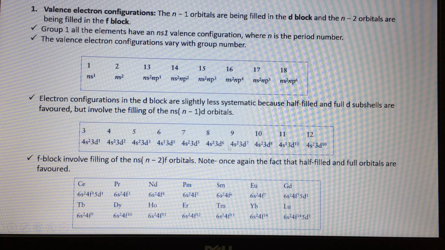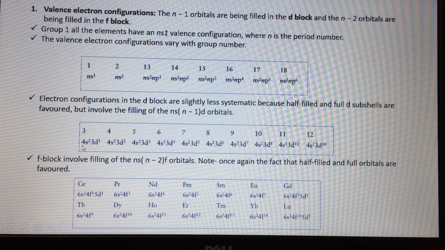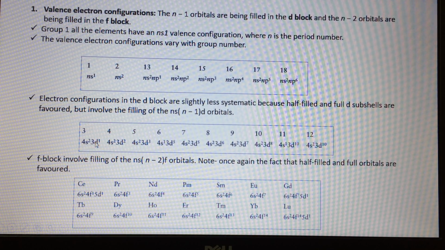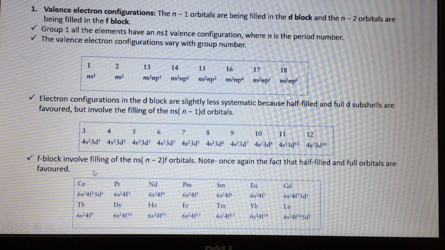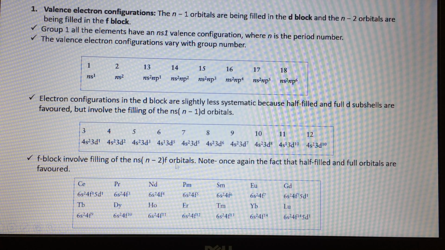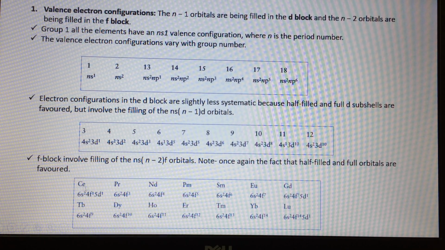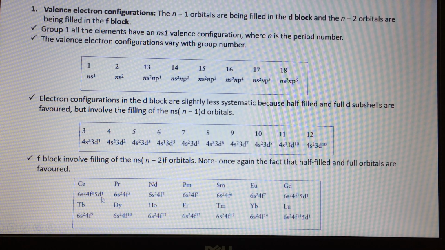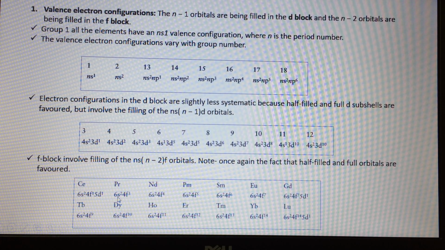If you see here, these are the transition metals' valence electrons, and the filling of f orbitals is also favorable with half-filled and fully-filled orbitals. See the configuration of cerium, an f block element: 6s2 4f1 5d1, and 6s2 4f3, like that.